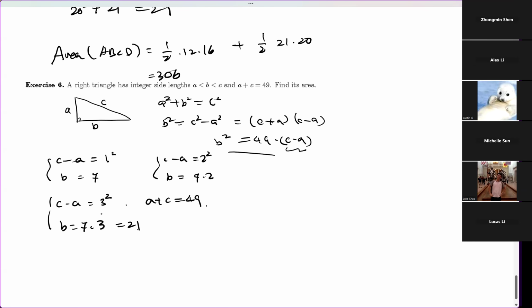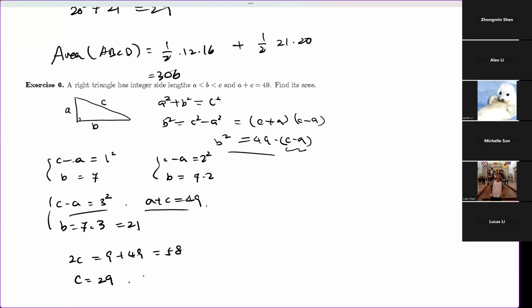Add those two equations together, and you get 2c equals 9 plus 49, which is 58. You determine the value of c. I think it's 29, right? C is 29 in this case.